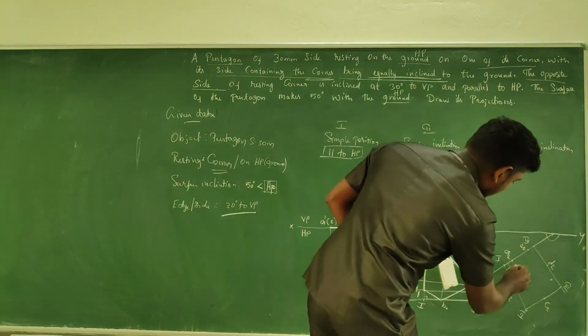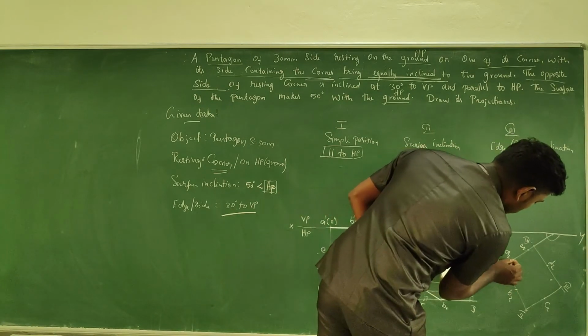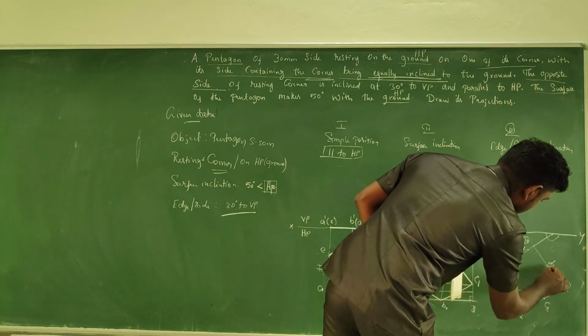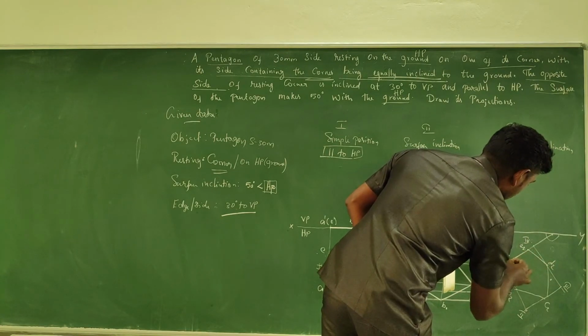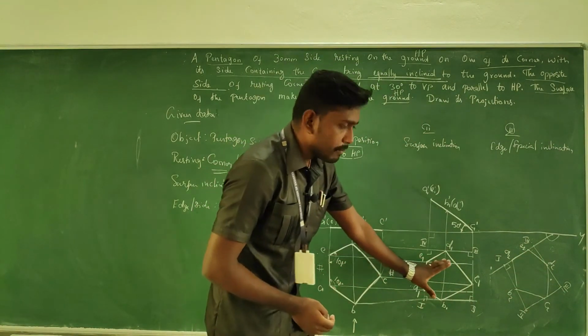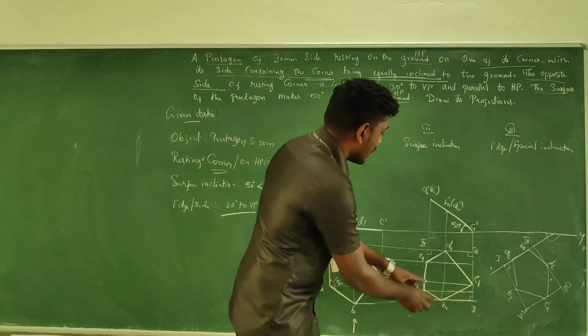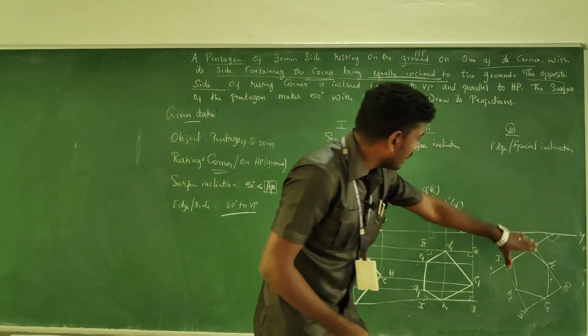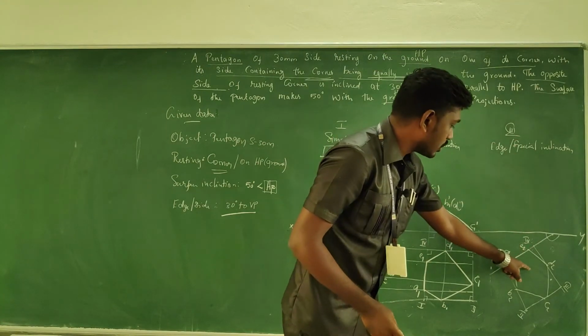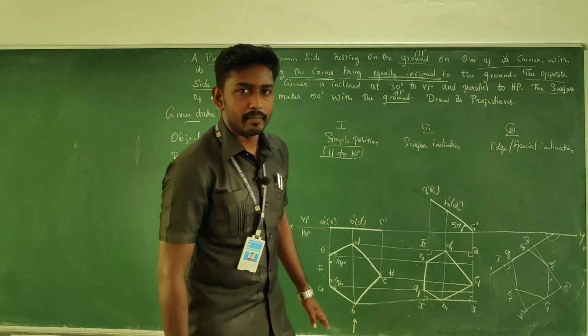Okay, now if you connect a line A to B, B to C, C to D, D to E, and E to A, you will form the same replica of the top view image from the second stage, as the third stage top view on the inclined line.